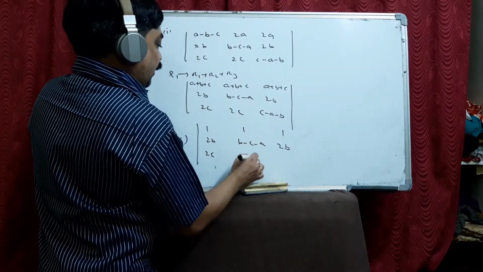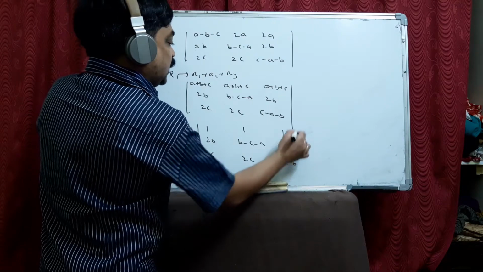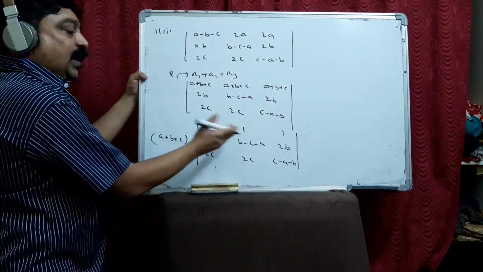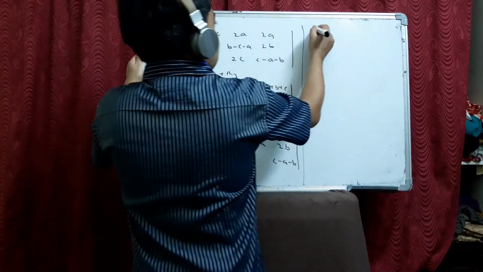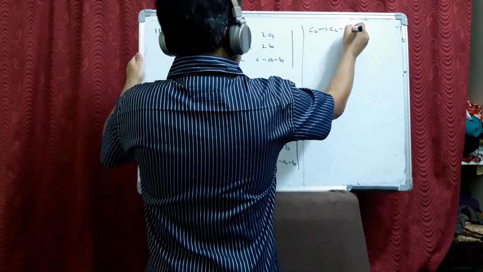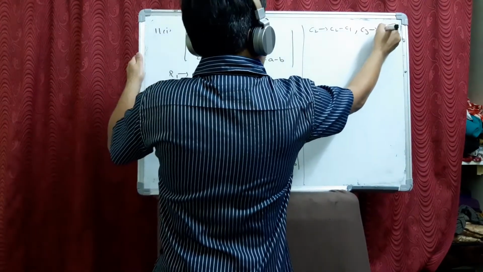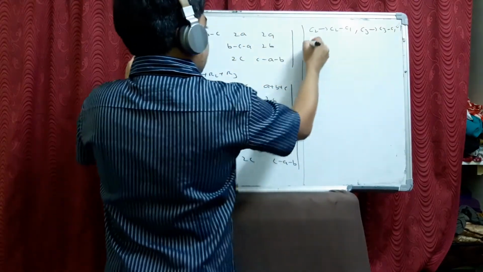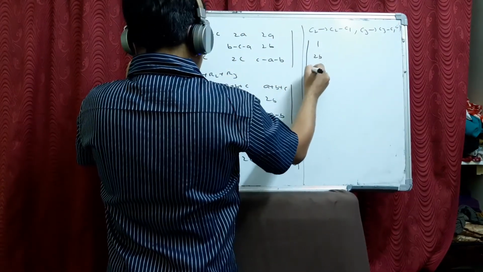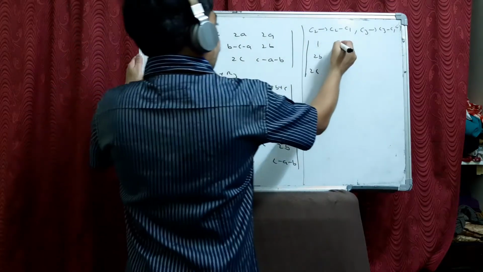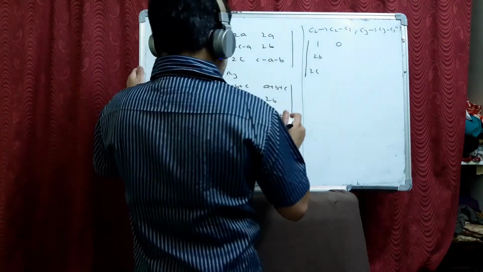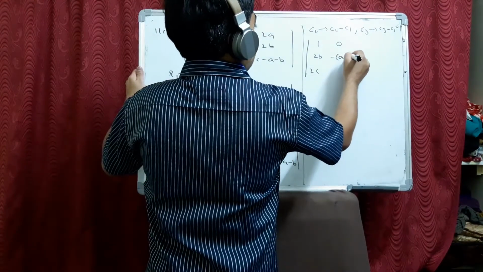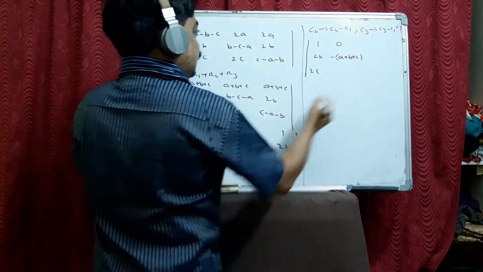You are getting 1, 1, 1. When you get 1, 1, 1, the problem becomes simpler. We fix 1 and we make the rest two zeros. Here you need to apply C: C2 to C2 minus C1 and also C3 to C3 minus C1, so that the first column remains the same. 1, 2b, 2c, 0. And when you subtract this from this, it becomes minus b minus c minus a, like this, minus of a plus b plus c, and 0.